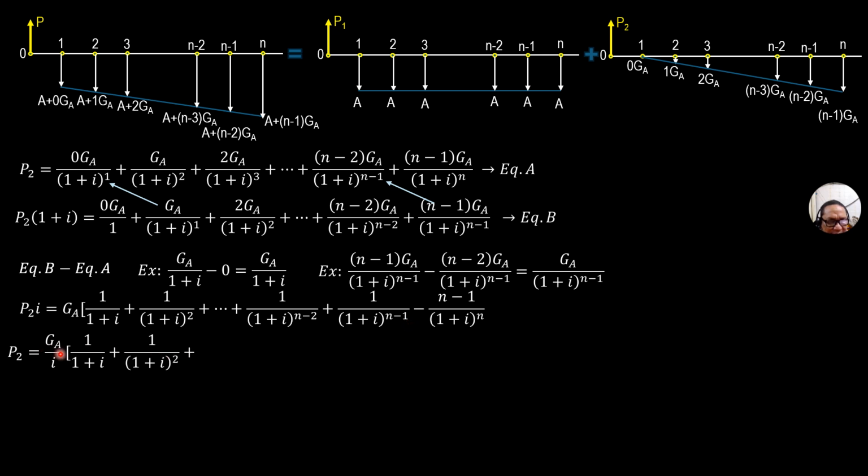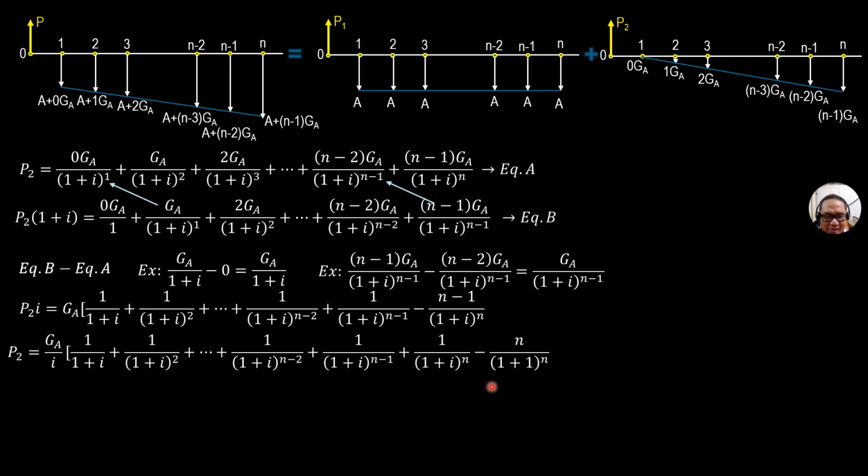So P sub 2 equals G sub A over I, then we simplify this last term here into, copy this, then plus 1 over 1 plus I to the n. Then we have minus n over 1 plus I to the n. So this last term there.